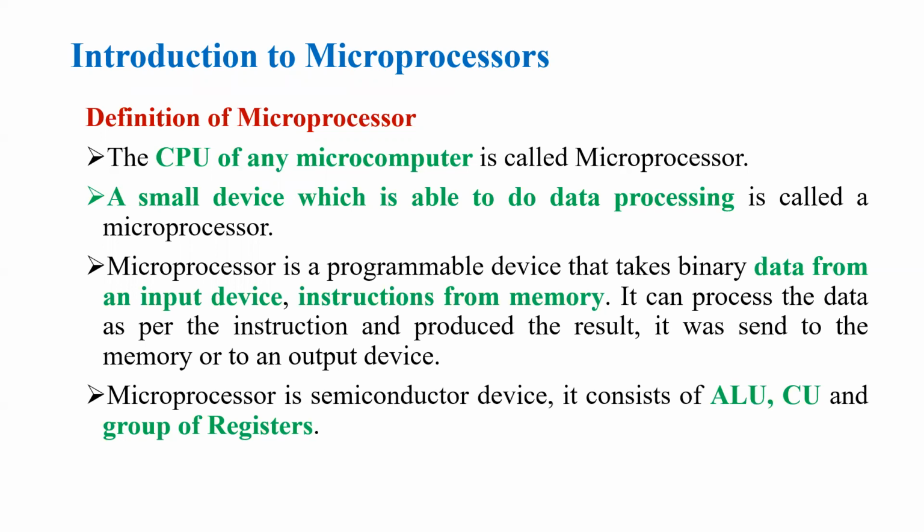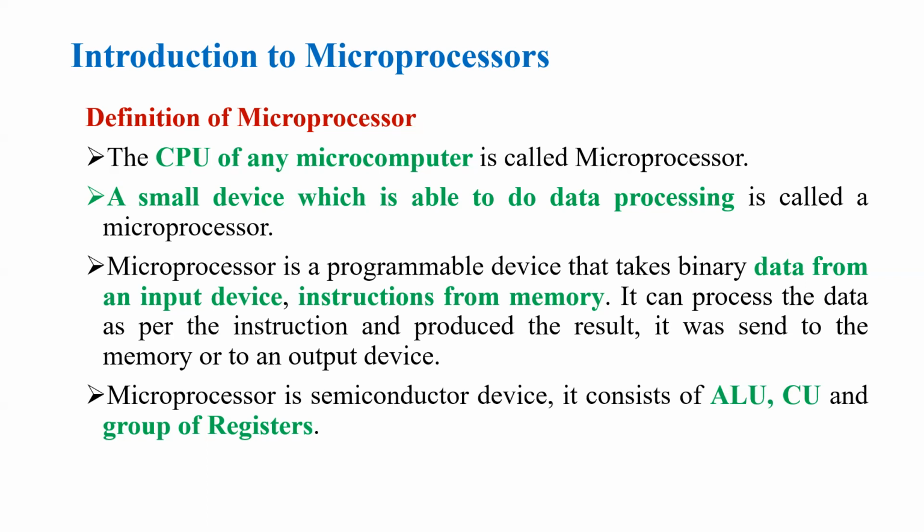That means whatever jobs a CPU can do in computers, the same jobs can be done by a microprocessor, and whatever internal parts a CPU has, the same internal parts are present in a microprocessor. This is the first definition.